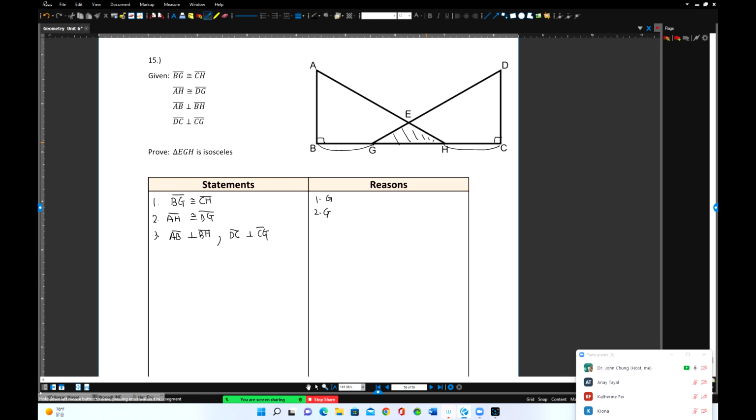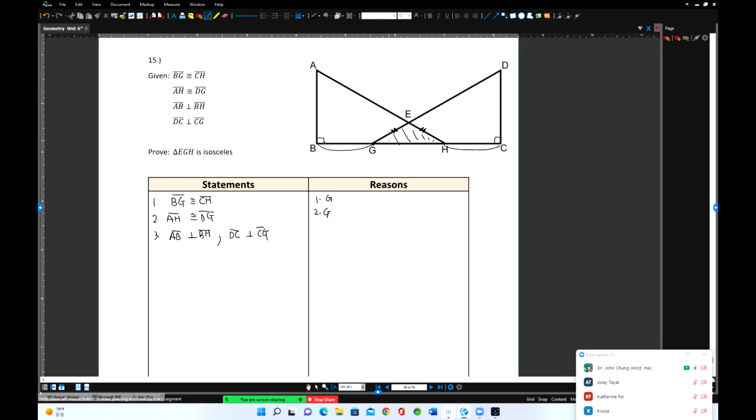To prove isosceles, what do I know? These two sides congruent. How can you find these two sides congruent? It's a little hard.